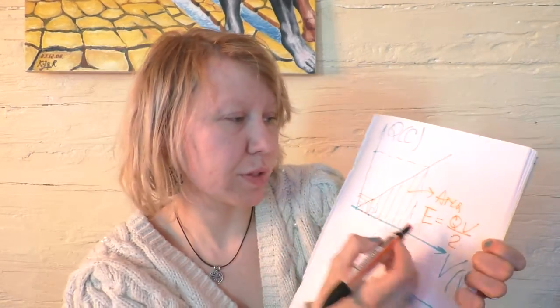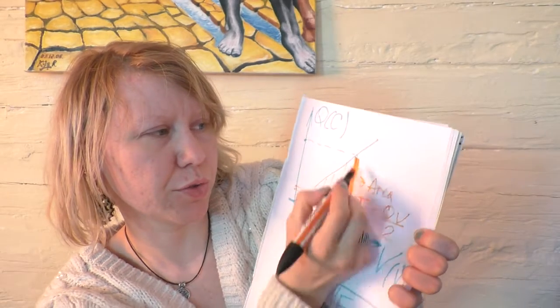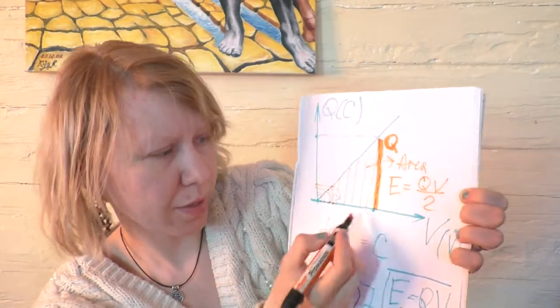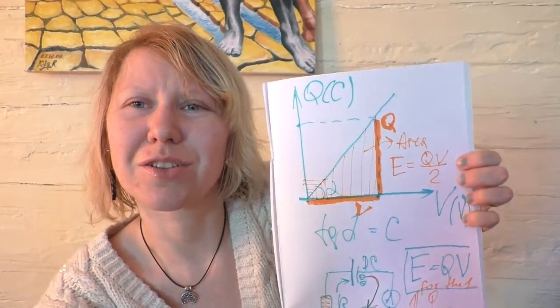It's just the formula for a triangle, because here is the Q side and here is the V side, and we need to count the triangle's area. That's how geometry helps us understand formulas more.